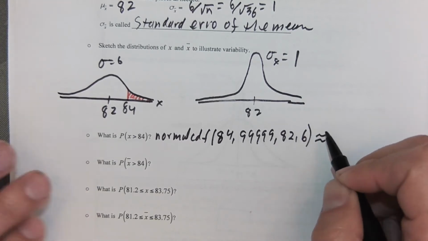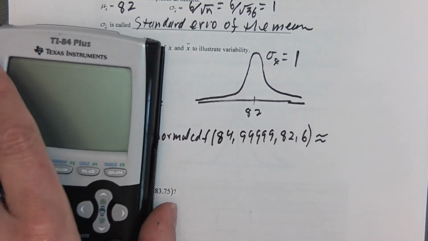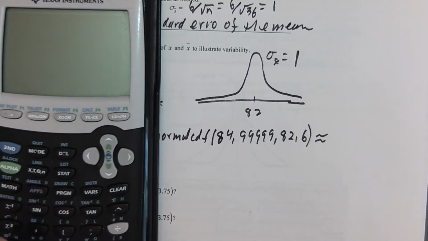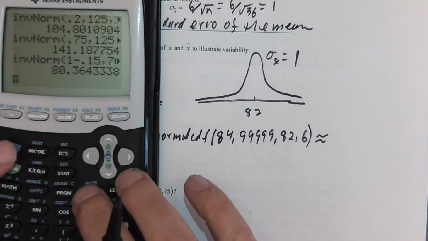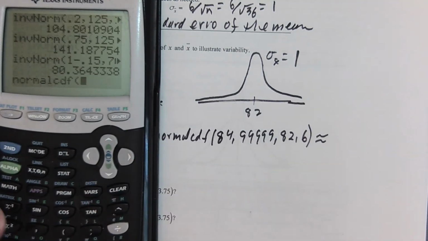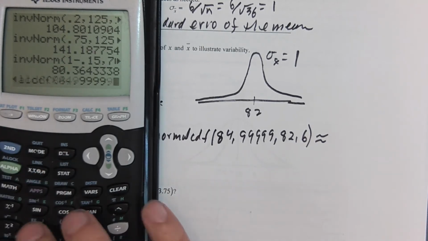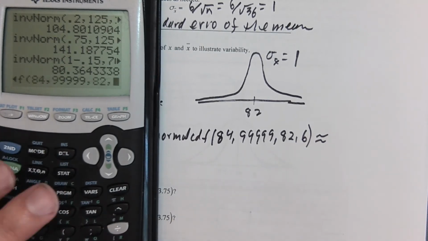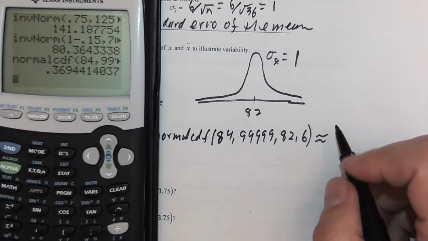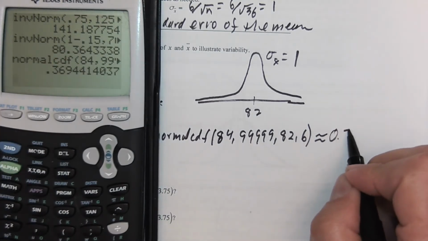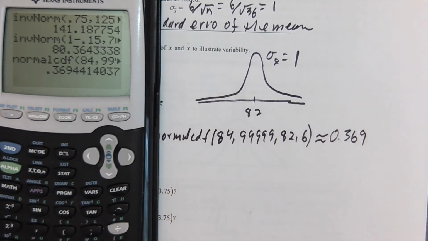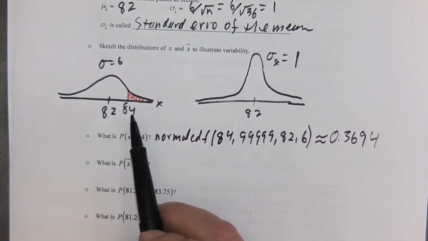That gives us approximately normal CDF of 84, comma 99999, comma 82, comma 6. That's this one.